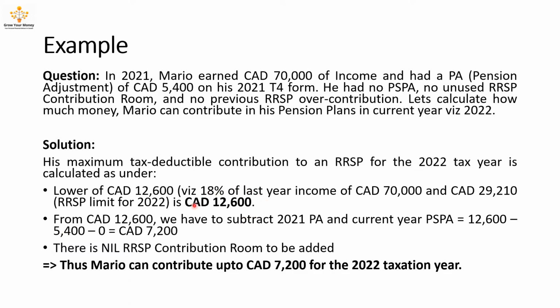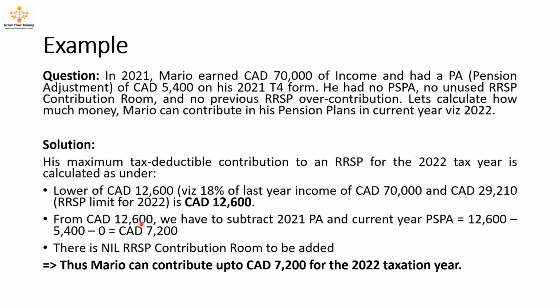From this lower amount, CAD 12,600, we have to subtract the 2021 PA, last year's pension adjustment, and the current year PSPA. Thus it is 12,600 minus 5,400, which is the 2021 PA given in the question, and the current year PSPA is nil, which is also given in the question: no PSPA, no unused RRSP contribution room, and no previous RRSP over-contribution.